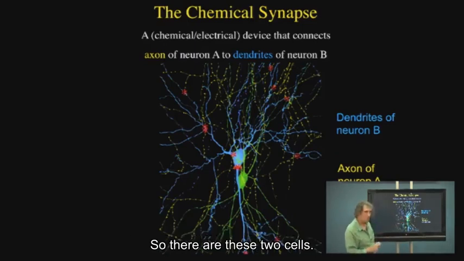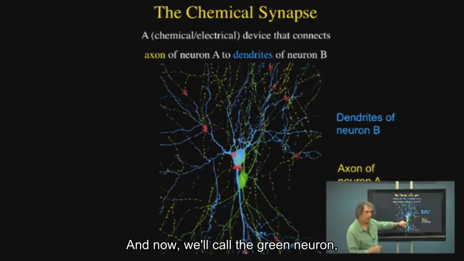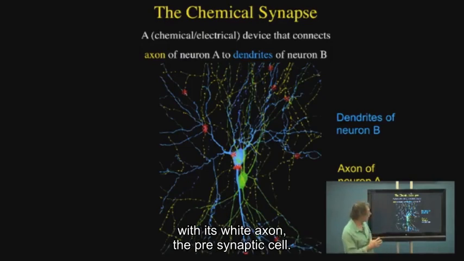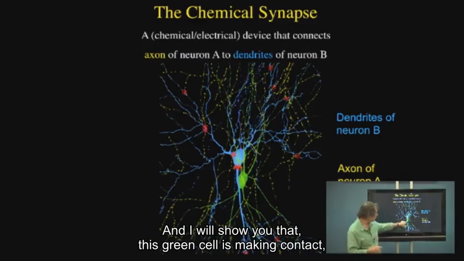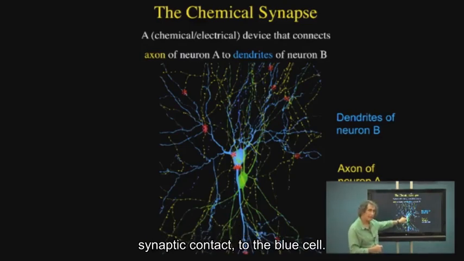So there are these two cells, and I will call the green neuron with its white axon the presynaptic cell. And I will show you that this green cell is making contact, synaptic contact, to the blue cell.